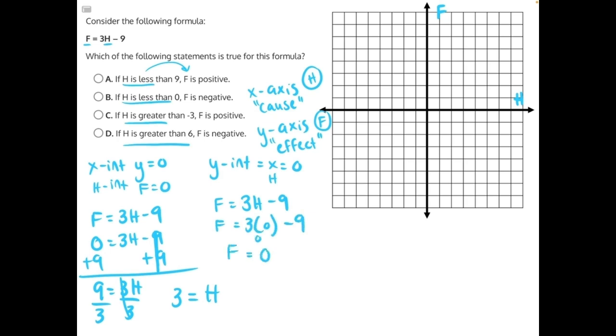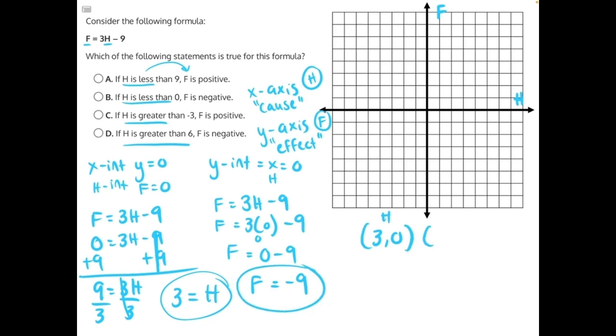So we'll have f equals 0 minus 9. 0 minus 9 will give us negative 9. So our two coordinate points, or our two intercepts that we need to graph, would be 3, 0 as our h-intercept, or our x-intercept, and then 0, negative 9 for our y-intercept, or our f-intercept.